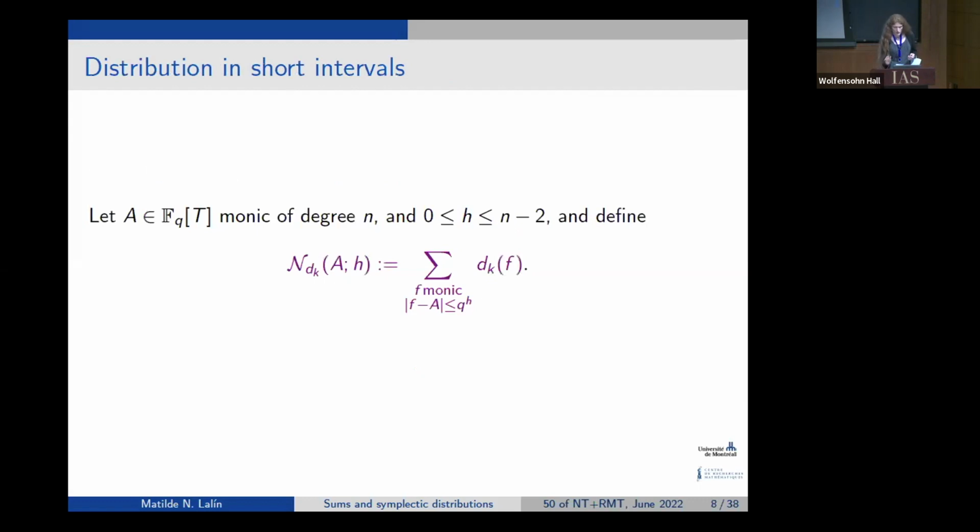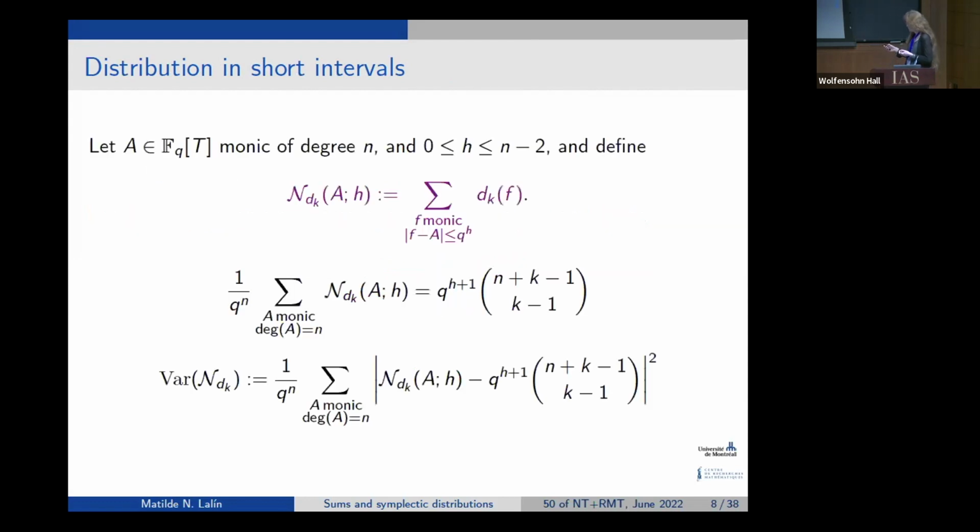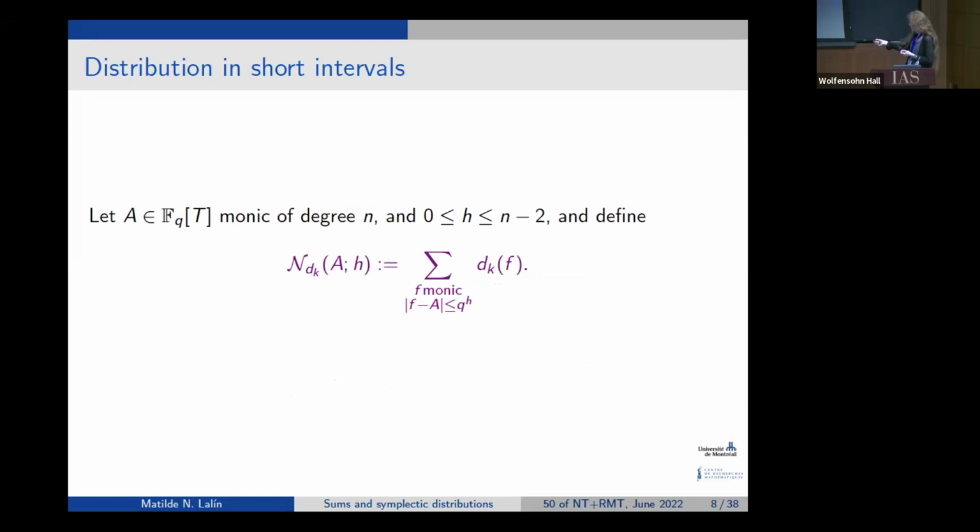And again, if we look at what happens to distribution in short intervals, one way to model this is to consider the sum of d_k(f) over f monic, such that f is very close to A. So you fix a polynomial A, monic of say degree n, and we're going to consider all the f that are closer to A than q to the h.